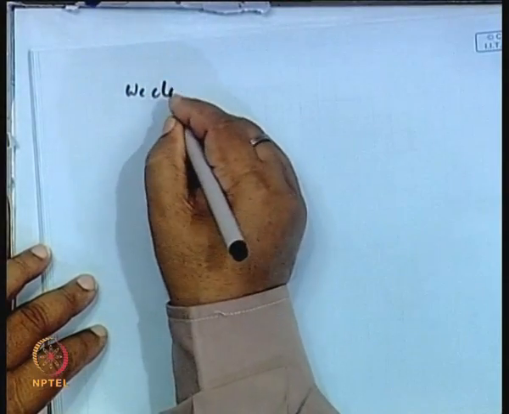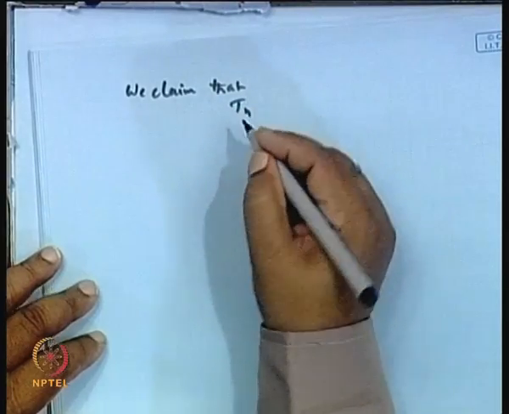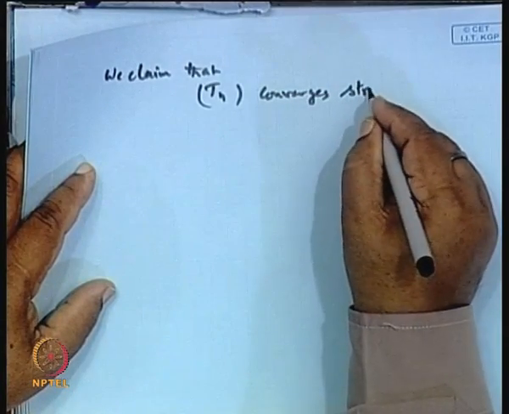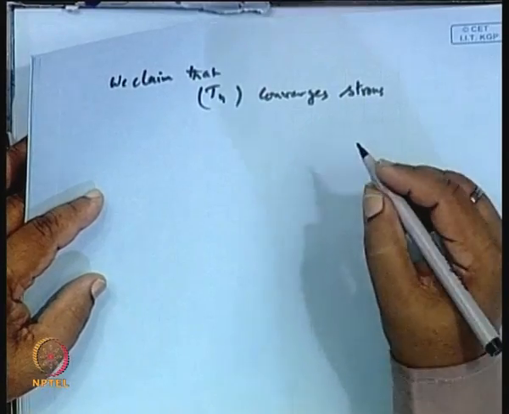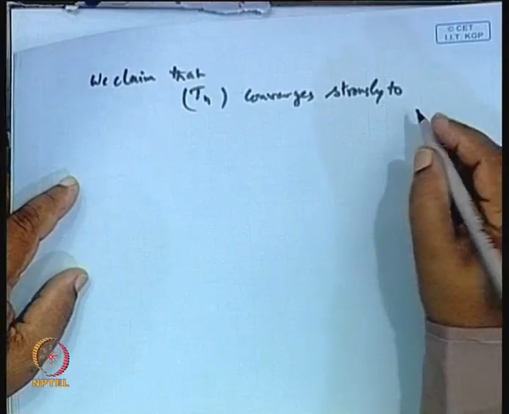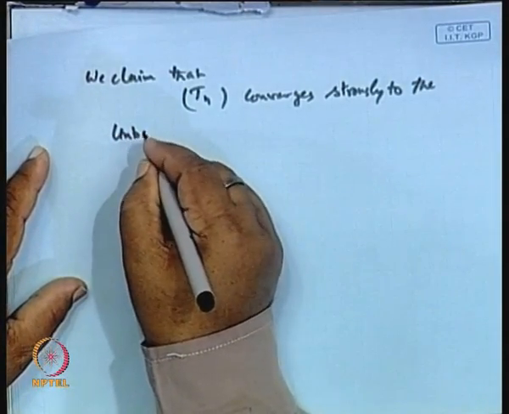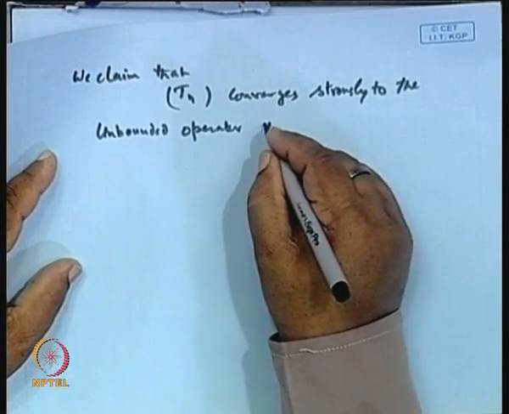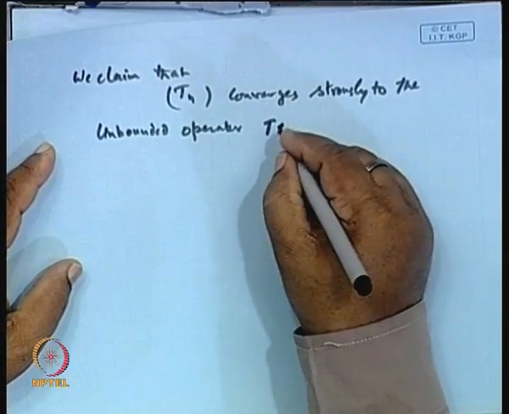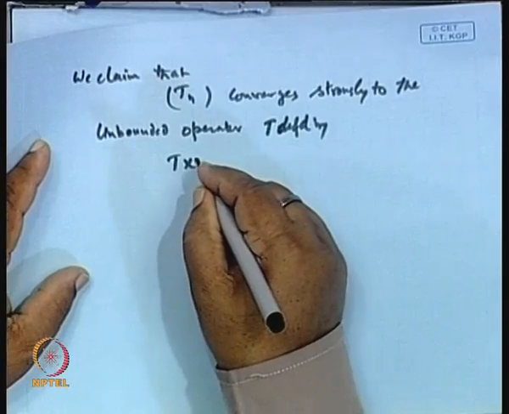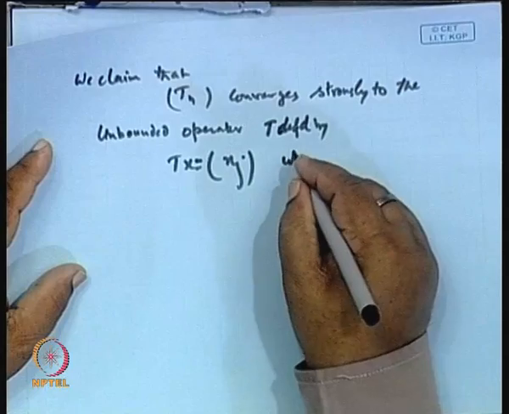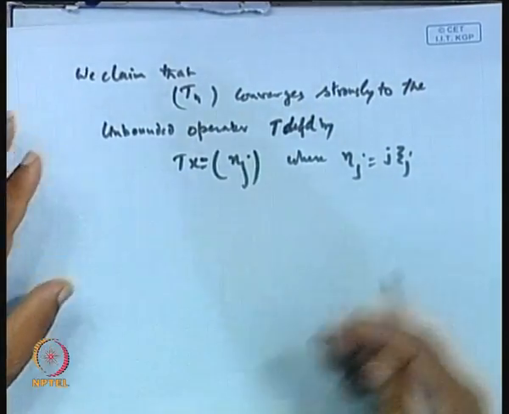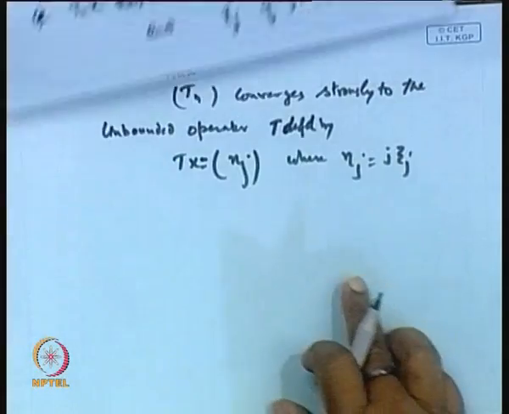Clear? Now, we claim that this sequence T_n converges strongly to the unbounded operator T defined by T x = (eta_j), where eta_j is j times xi_j. Obviously, T_n x when n tends to infinity is of the form j eta_j.